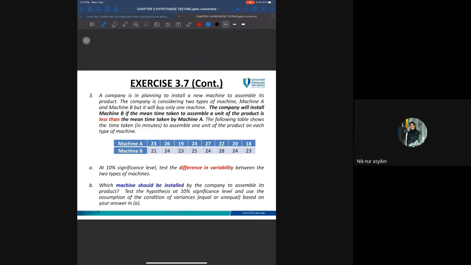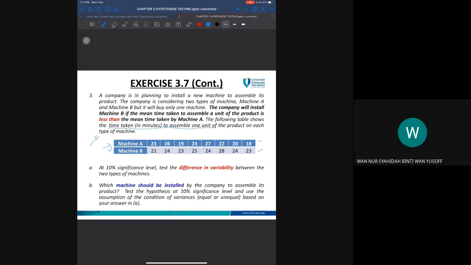Time taken to assemble one unit of each type of machine. So you have sample data here, everything that you calculate will produce a statistic, and there is no more value that we can extract from this statement here. All the values come from this sample data.